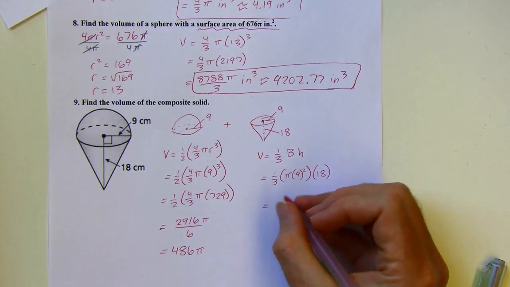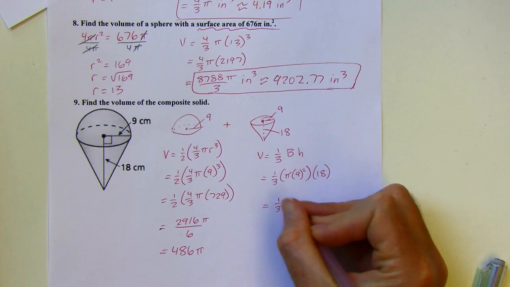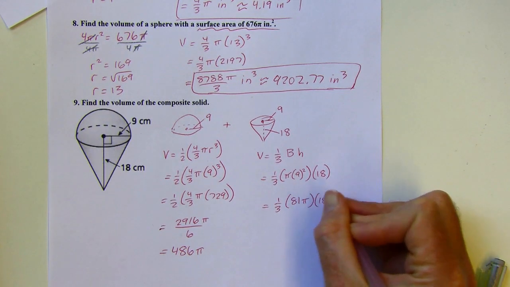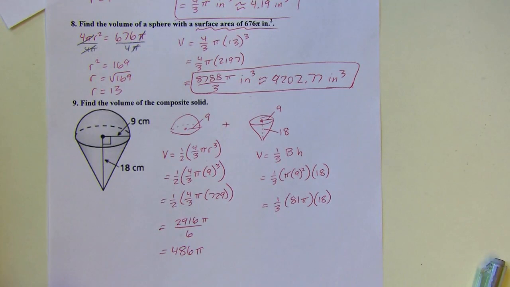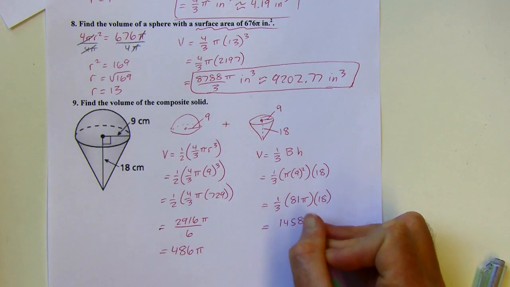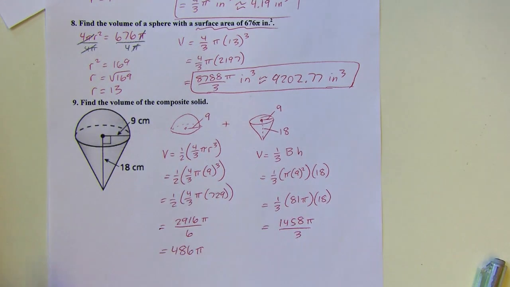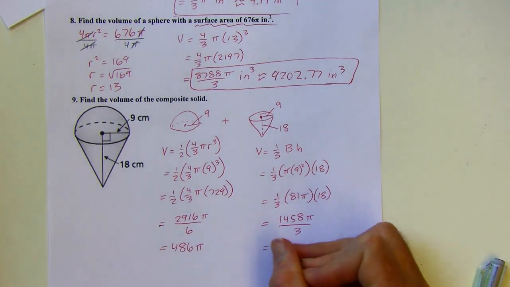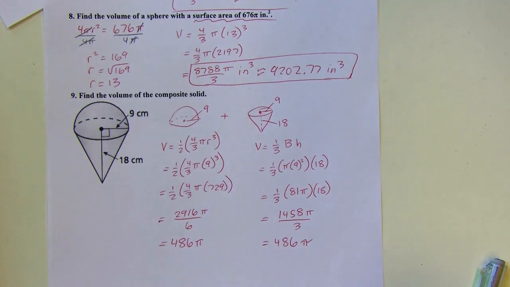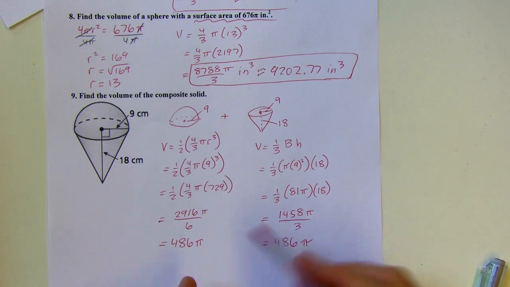Okay, so then I've got 1/3 81 pi times 18. 81 times 18 is going to be 1,458. I think I can reduce that. Yeah, it's going to come out. Oh, look at this, 486 pi again. Interesting.